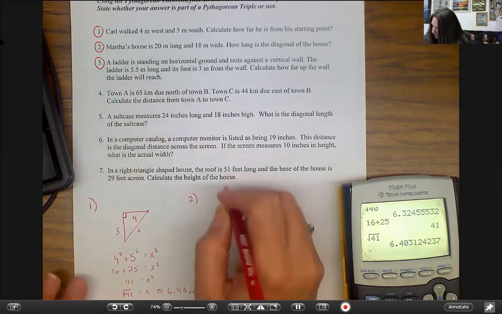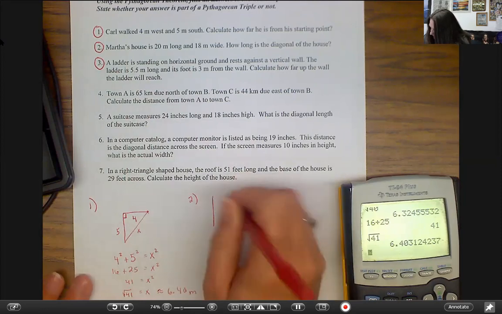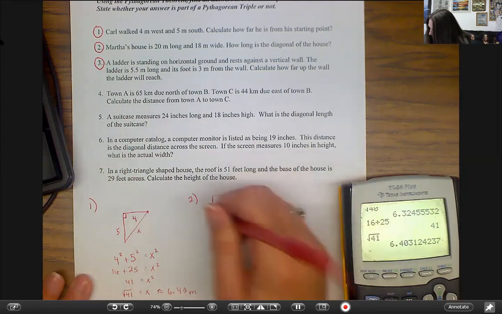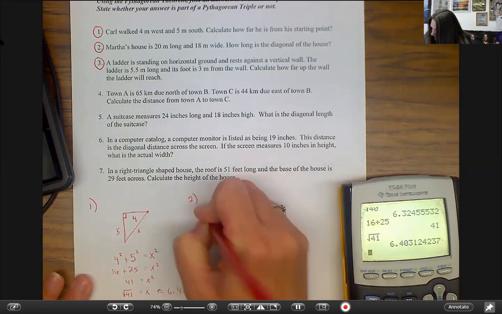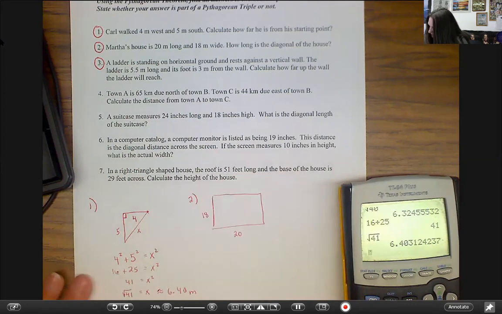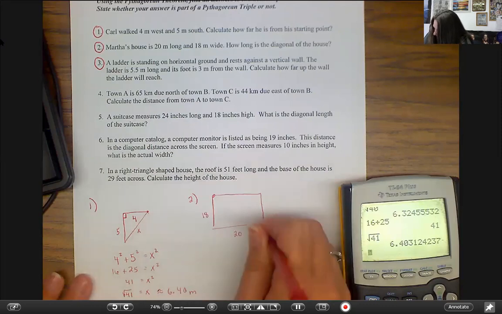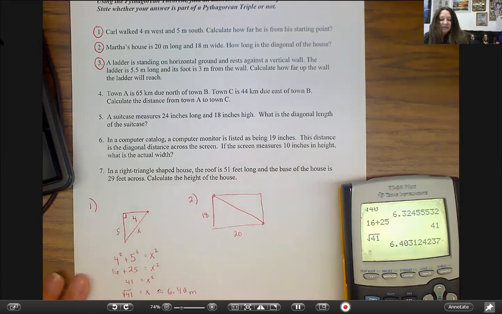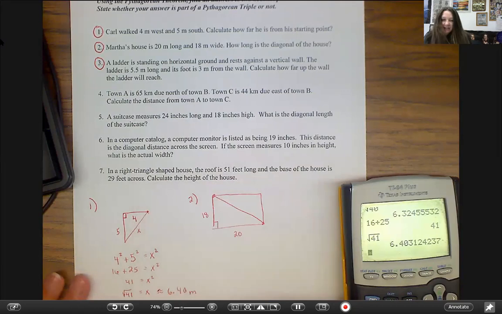If we look at the length of this, you kind of got a house here, but we'll just make it rectangular. 20 meters in length and 18 meters wide. How long is the diagonal of the house? So the diagonal could connect these vertices. And again, that would make this rectangular.